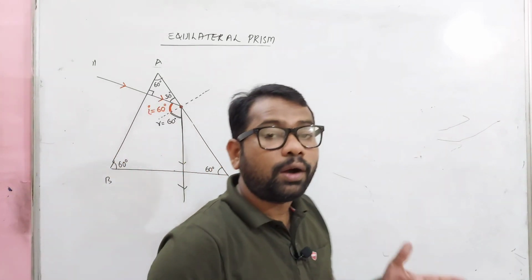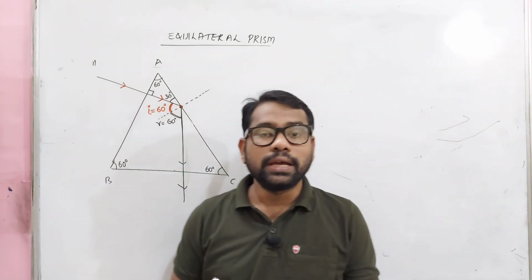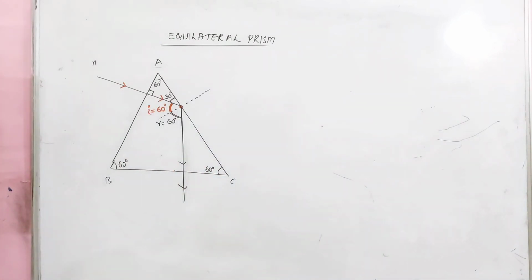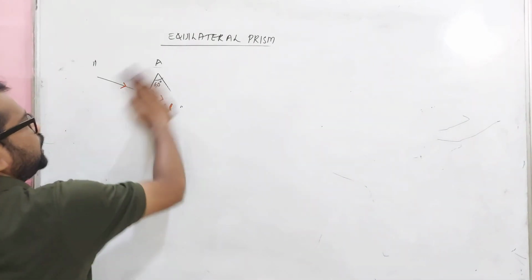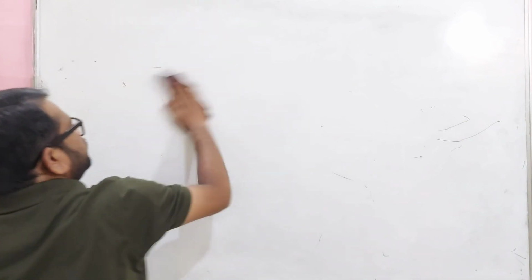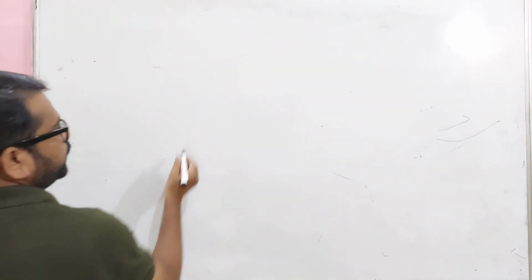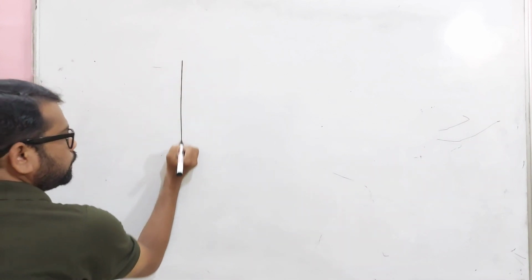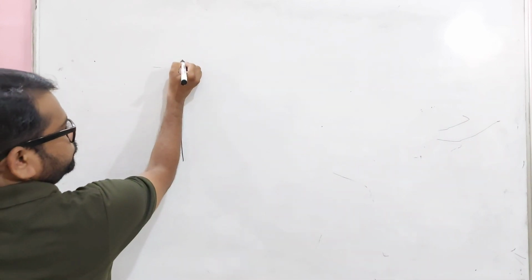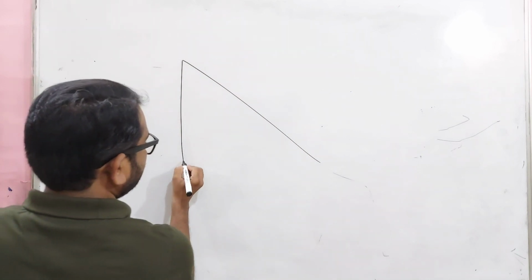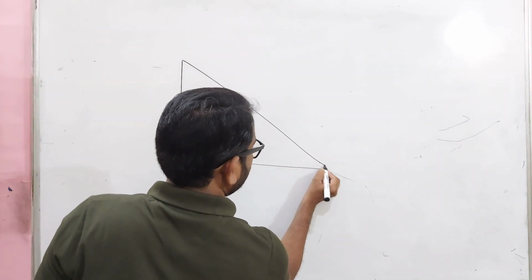Now we will see how total internal reflection can occur in a right angle prism. That is going to be the last case in applications of total internal reflection in prisms. Now look at here, children. Let us take a right angle prism.